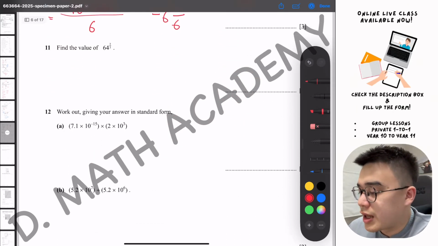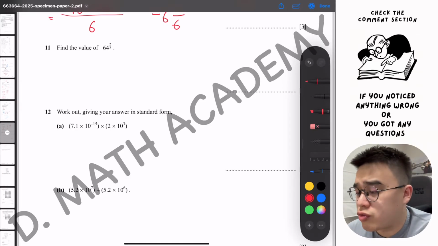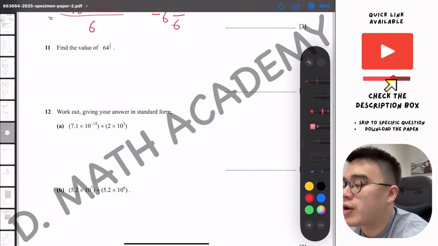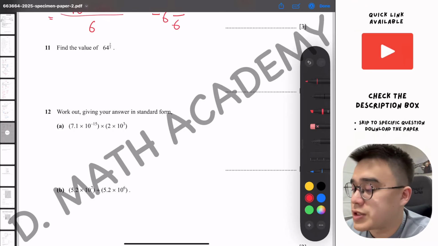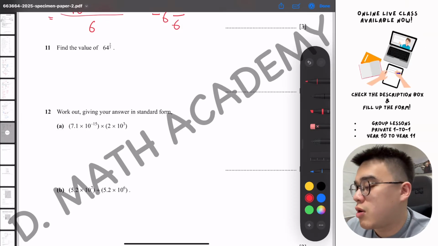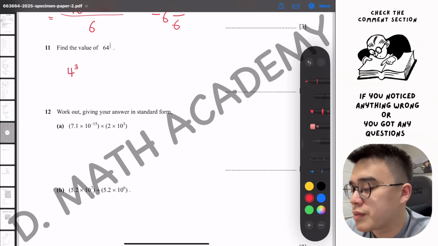Moving on to question 11, we have 64 to the power of 2 over 3. First thing first, you must understand that 64 has two different sets of representation. It can either be converted into a power of 2, or if you remember the cube numbers list, 64 is actually 4 cubed.